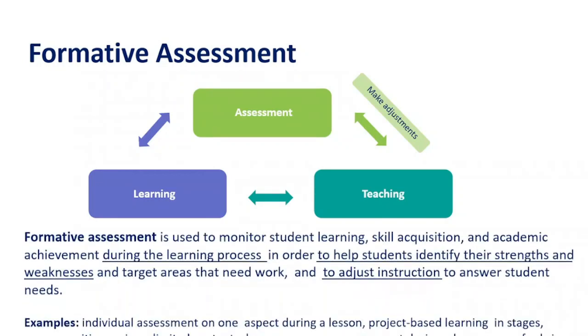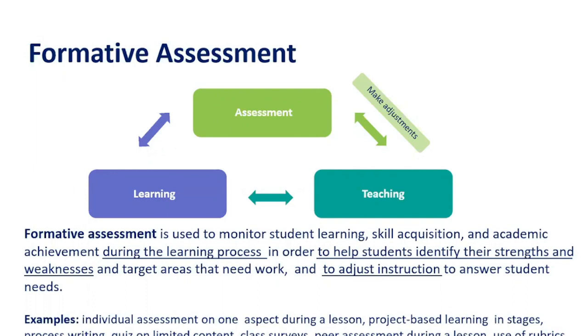So we can say that formative assessment is used to monitor student learning, skill acquisition, and academic achievement during the learning process in order to help students identify their strengths, identify their weaknesses, and target areas that need attention, so as to adjust instruction to answer student needs, and then make instructional decisions accordingly.